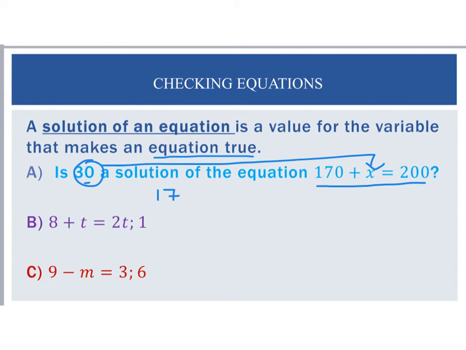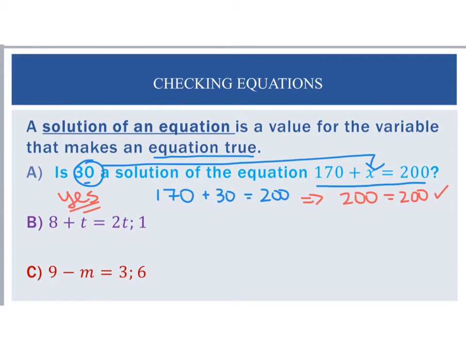So I have 170 plus 30 equals 200. When I simplify this, 170 plus 30 equals 200. So I have 200 equals 200. And because that is a true statement, I'm going to say, yes, this is a solution.